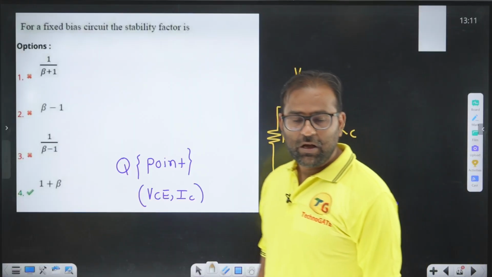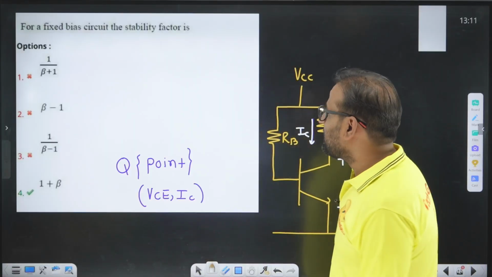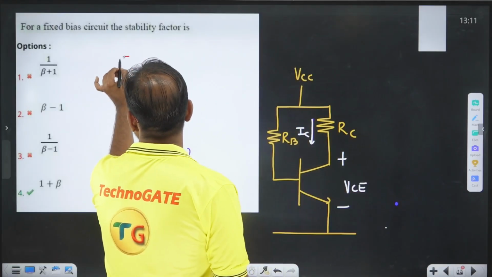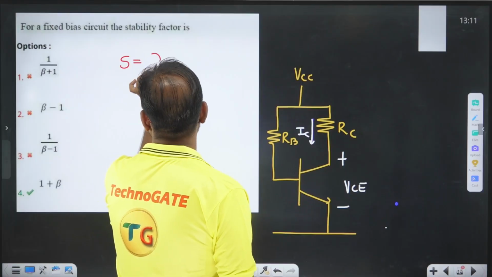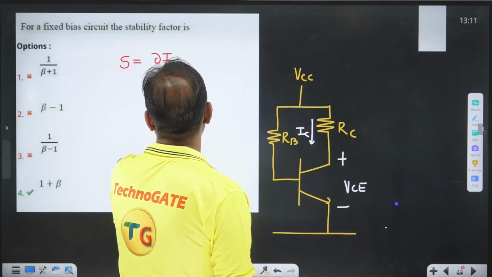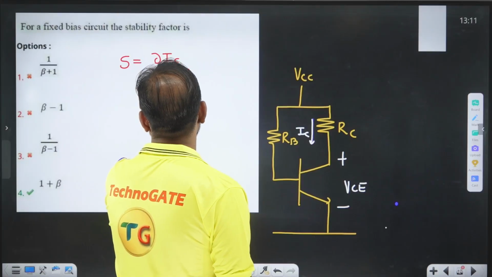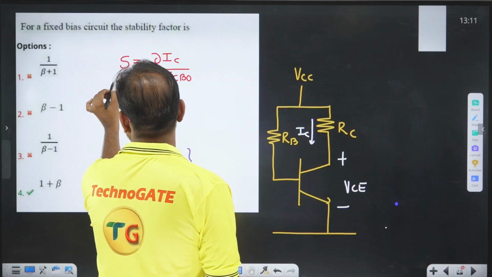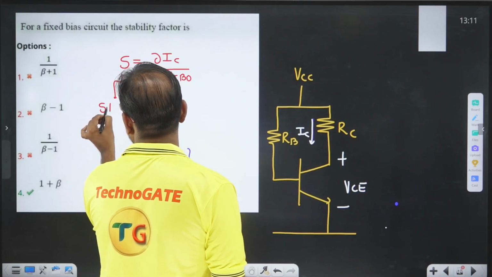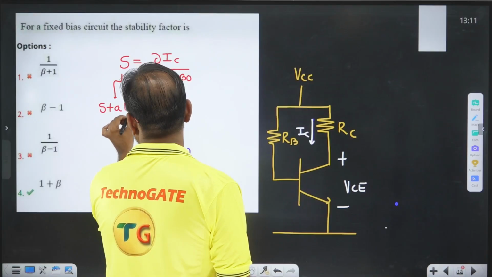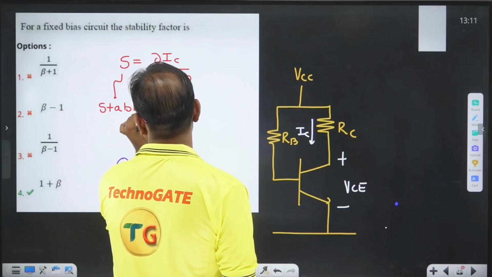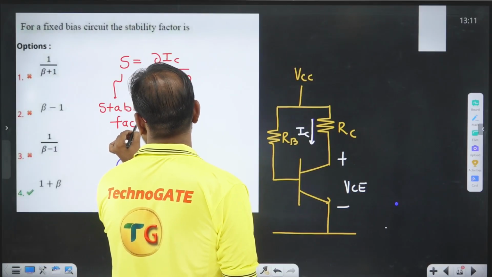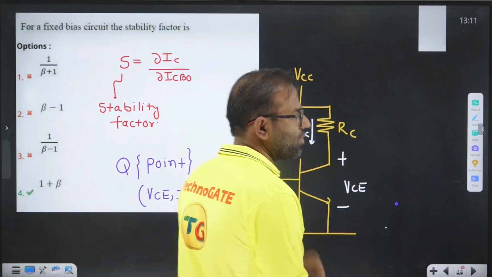What is the stability factor? The stability factor of a transistor is given by the change in collector current due to the change in minority current. This is known as the stability factor.